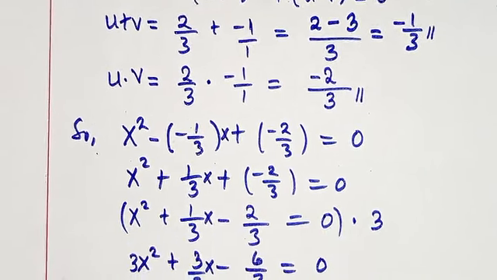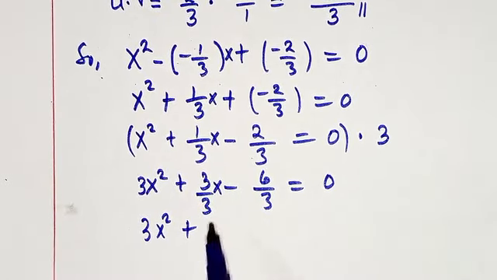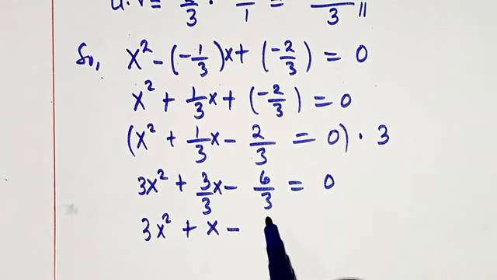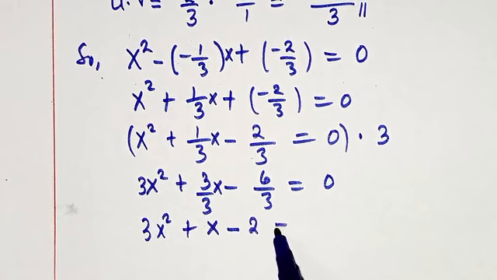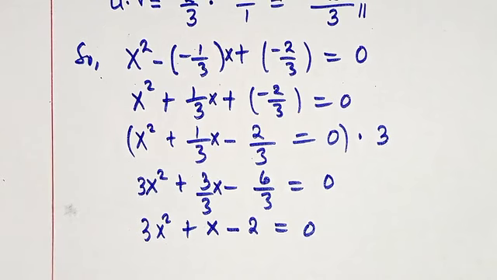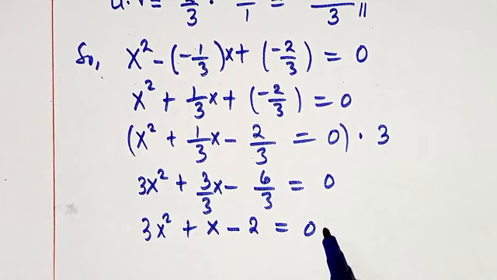I'm very sorry about that. So now 3 divided by 3 gives x, then minus 6 divided by 3 gives 2, then equals 0. So we have the solution to be this.